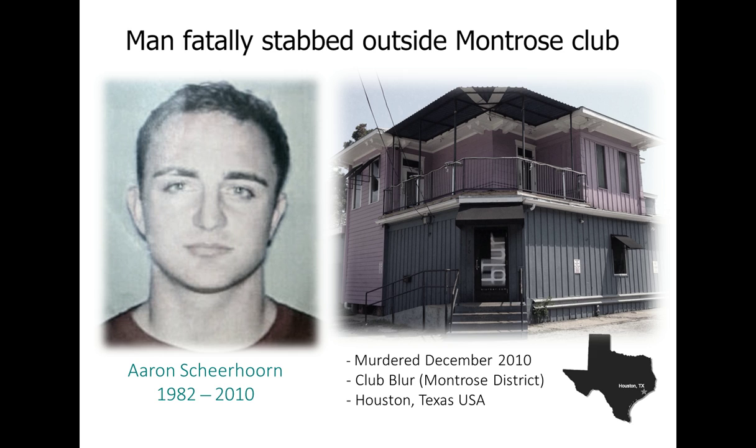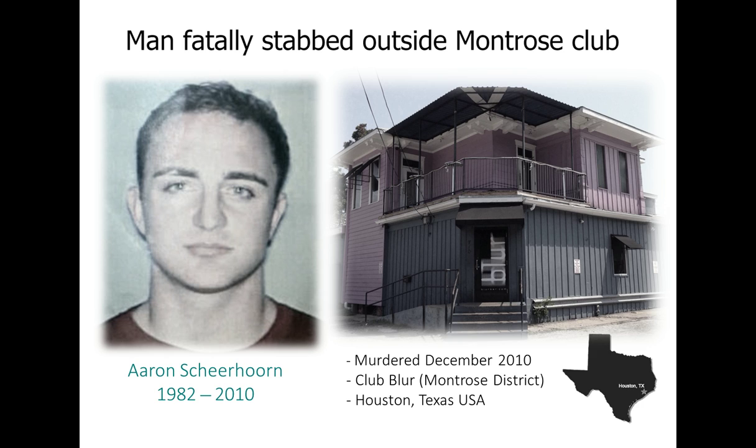This is Aaron Scheerhorn. He's the stabbing victim in this case. And the murder, again, happened in Houston, Texas, in an area of Houston called the Montrose district. It's basically a nightclub, bar, restaurant district in Houston, and it's particularly well known for being a club and bar district for the homosexual community in Houston.